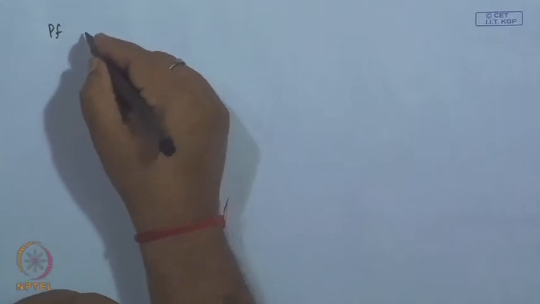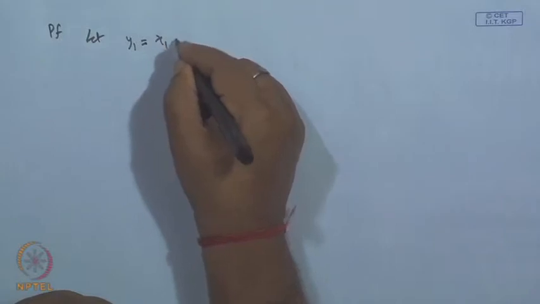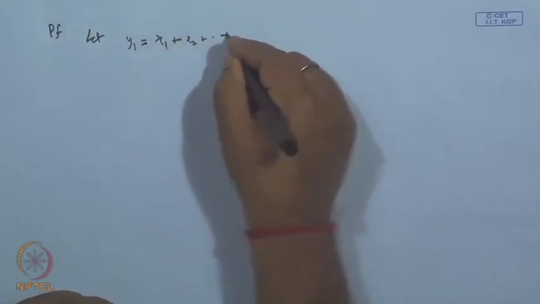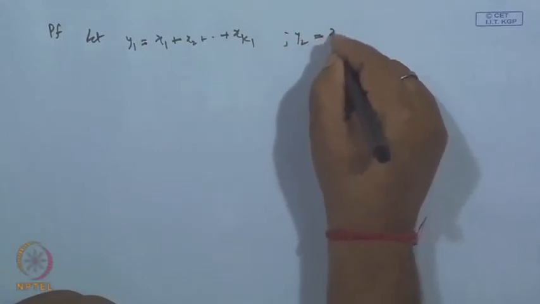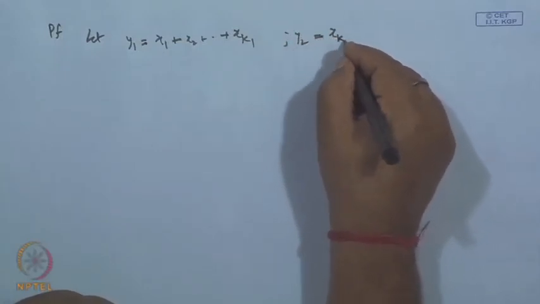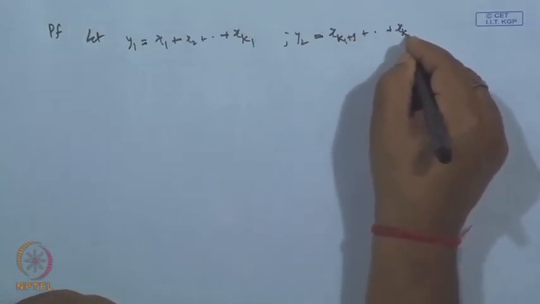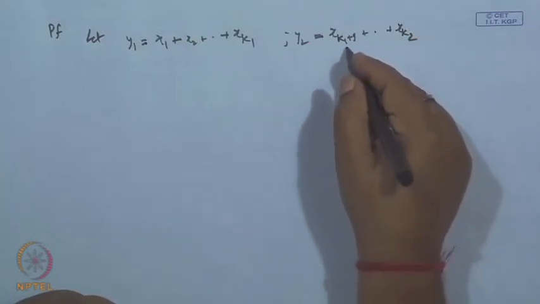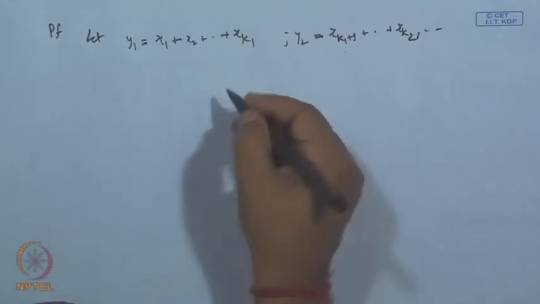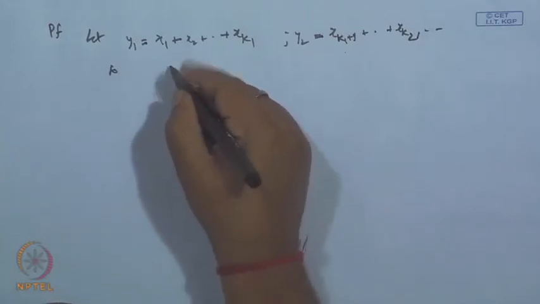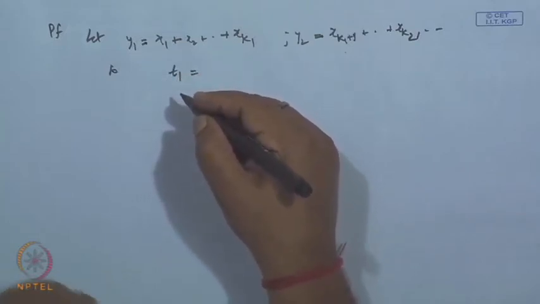Let us construct: let y 1 be the one term which is grouped up to, say, k 1 terms, and y 2 is another term of the new series, which is grouped from the original series by choosing the terms from k 1 plus 1 up to k 2, and like this it continues.